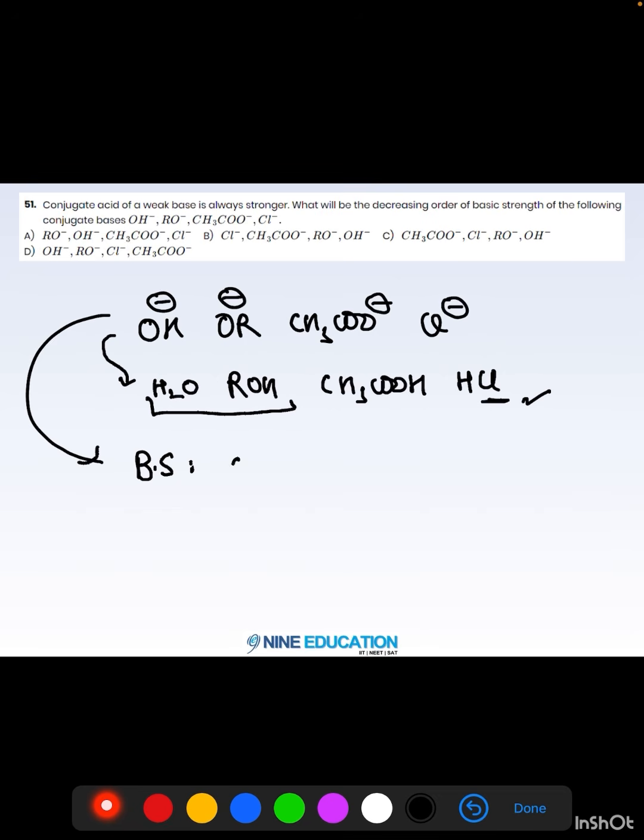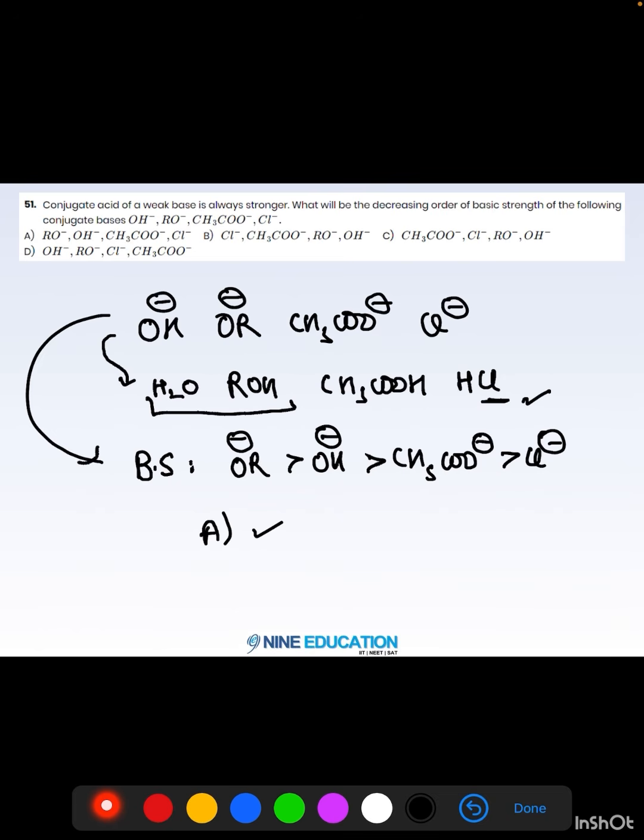It would be OR minus the most basic, then OH minus, and then we will be having CH3COO minus, and then we'll be having Cl minus. So the option A would be the correct option for this.